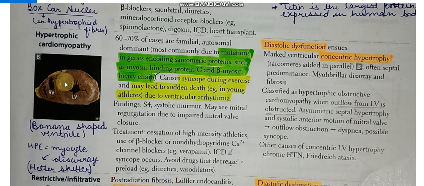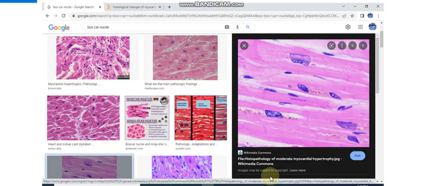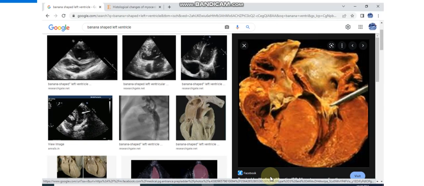The septum here you can see it is involved. Now, this thing you need to remember is the banana shaped ventricle. Let me show you an image of this banana shaped ventricle. Here you can see the banana shaped ventricle. Why?